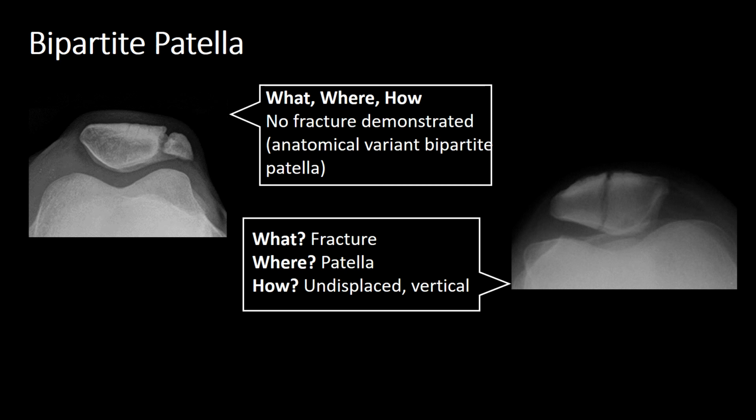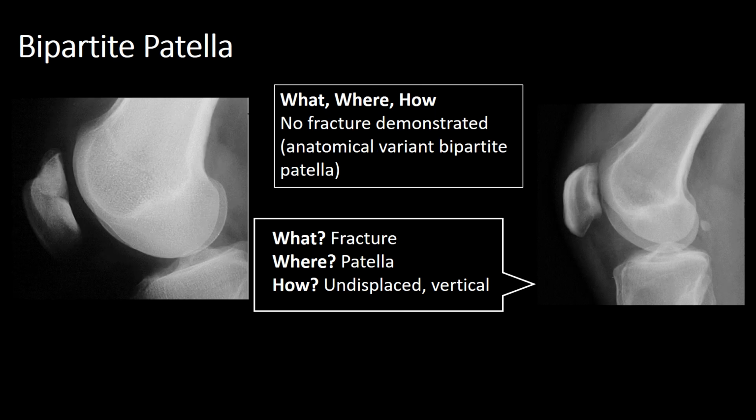Let's have a look now at our lateral view. So we can see the bipartite patella sitting here. You can see the densely sclerotic margin, indicating it's well corticated, and it's been held in position by that cartilaginous joint.